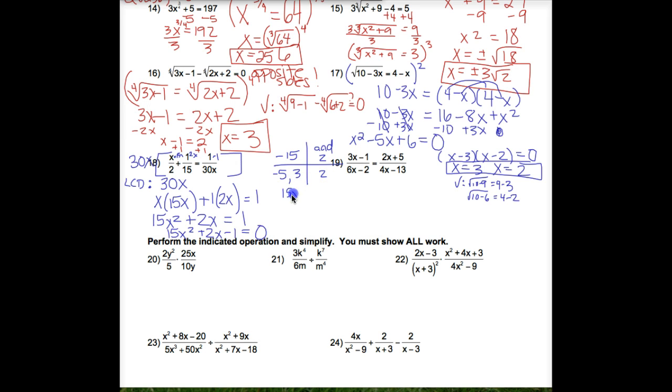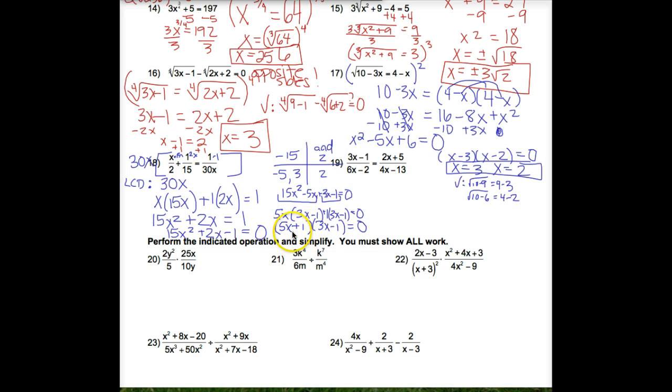So 15x squared minus 5x plus 3x minus 1 equals 0, and then group it. So first group's GCF is 5x, so that gives me 3x minus 1. Second parenthesis has to be the same, which means this needs to be a plus 1 in front. So factorization is 5x plus 1 times 3x minus 1 equals 0.